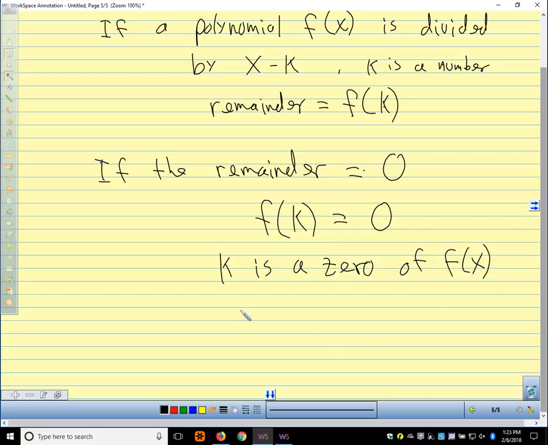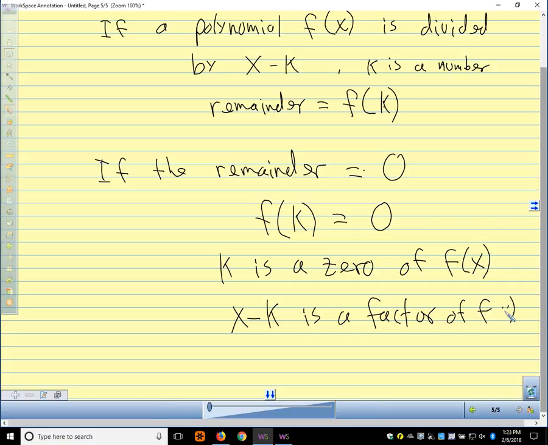That tells us that x minus k is a factor of f of x. That tells us that the point (k, 0) is an x-intercept. All those equivalent conditions that we talked about yesterday.